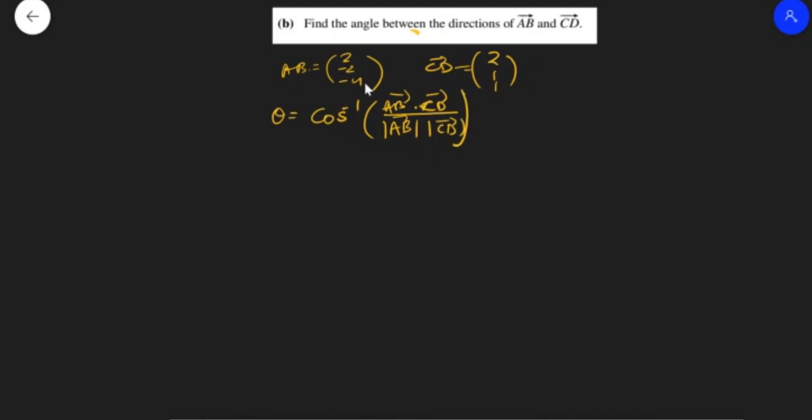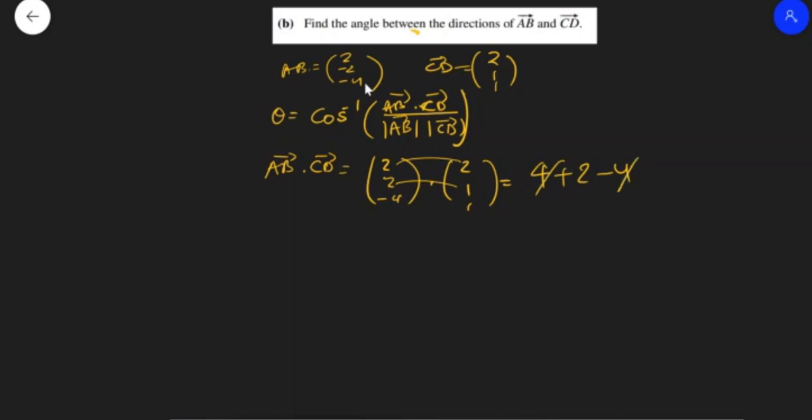Alright, so let's find the dot product first. AB dot CD will be 2, minus 2, minus 4 dot 2, 1, 1, which will be 2 times 2 will be 4, 2 times 1 is 2, and minus 4 times 1 is minus 4. Sorry, this was minus 2, so it will be minus 2 here, not positive 2. So minus 2.